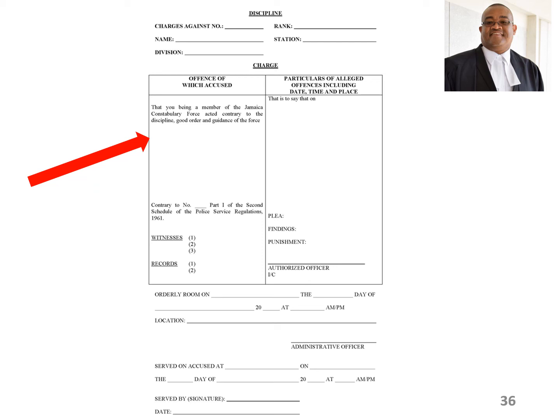Many times, all that the person does is write the offense, which could be being untidy in his person. But the offense is not complete unless it has these particular words: you, being a member of the Jamaica Constabulary Force, acted contrary to the discipline, good order, and guidance of the force, and then you say what the person actually did.